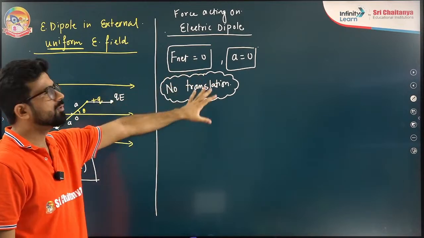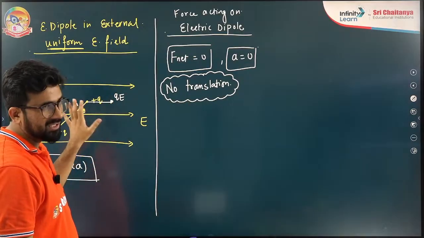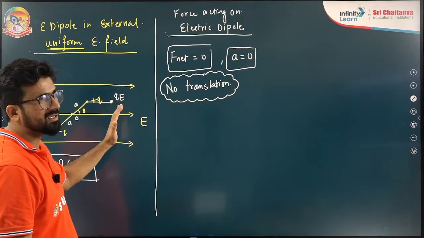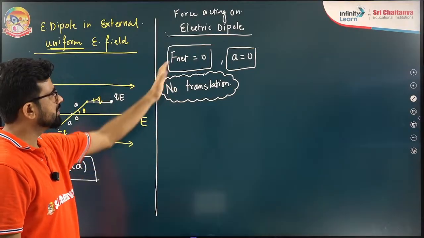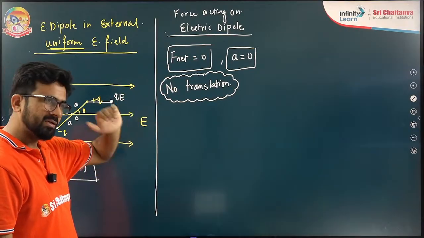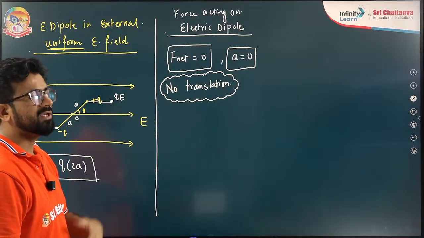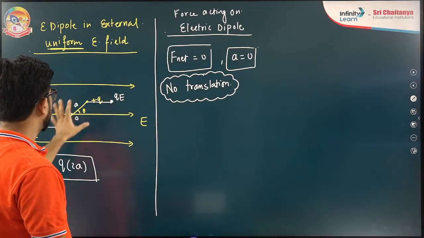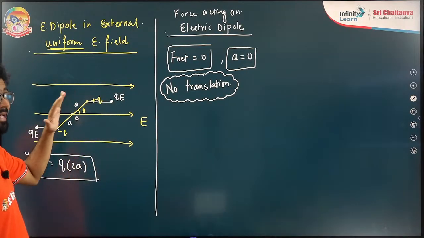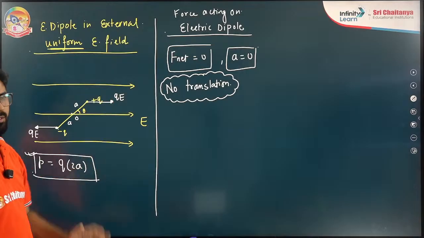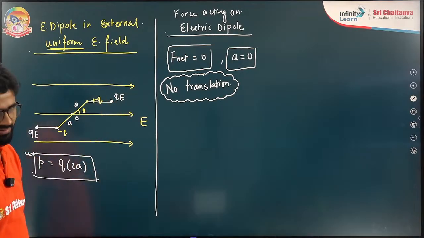But if it is initially at rest, it will remain at rest. If it is moving with some velocity, it will move with the same velocity because there is no force to change it. But in the electrostatic condition, we keep it initially at rest, so it will remain at rest. That means there is no translation.